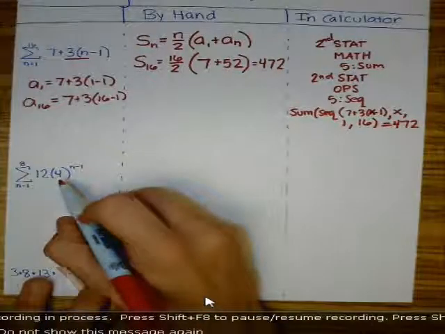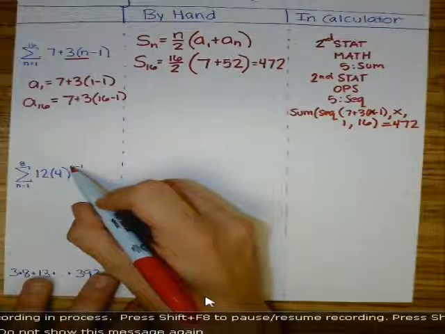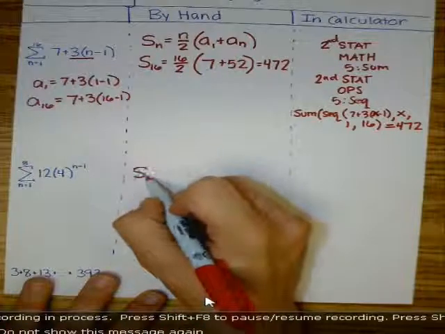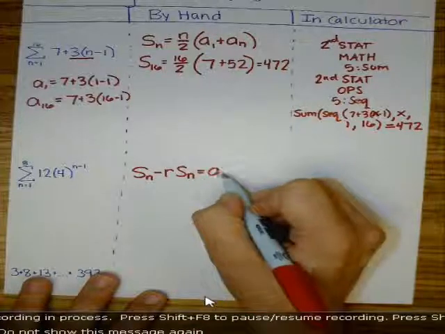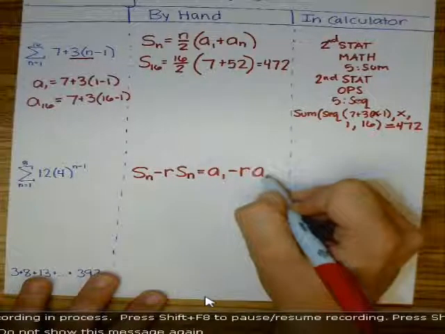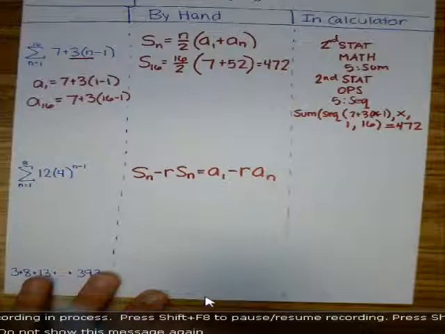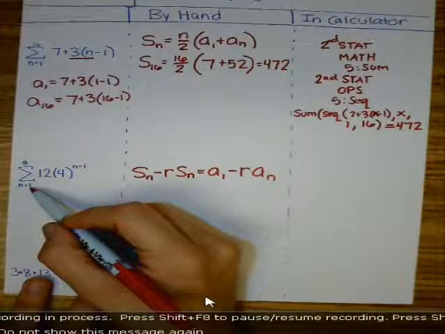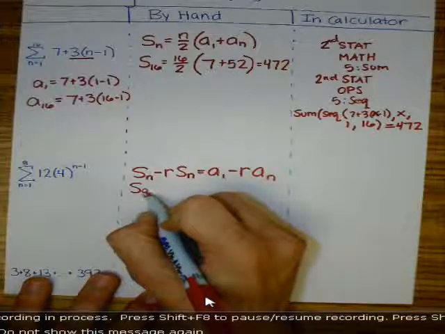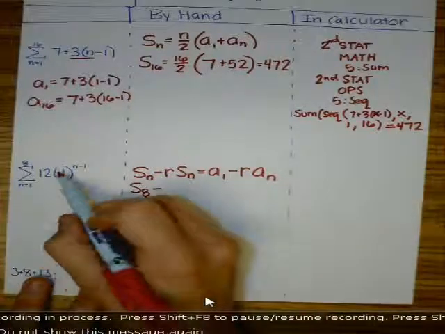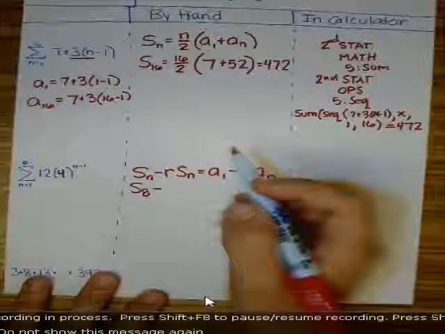In this case, it's geometric, 4 to the power of n. So my formula is s sub n minus r s sub n is equal to a sub 1 minus r a sub n. I'm going to go from the first term to the 8th term. So there are 8 terms. S sub 8 minus, common ratio is 4.